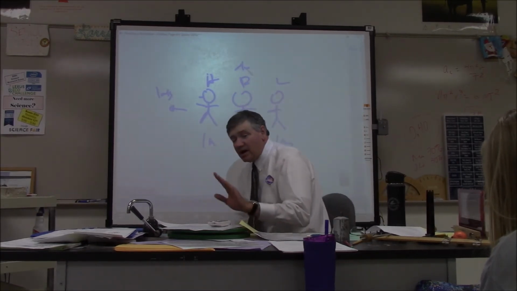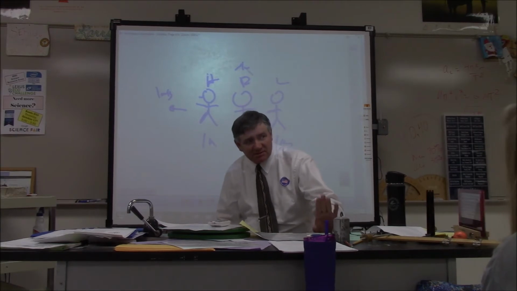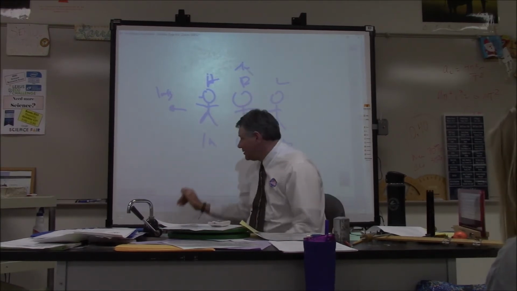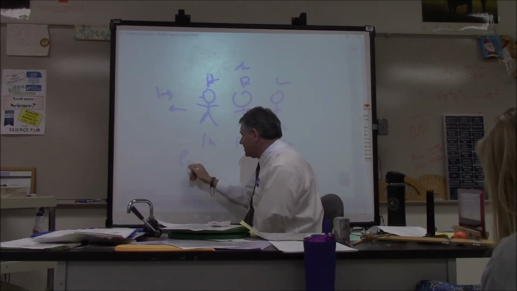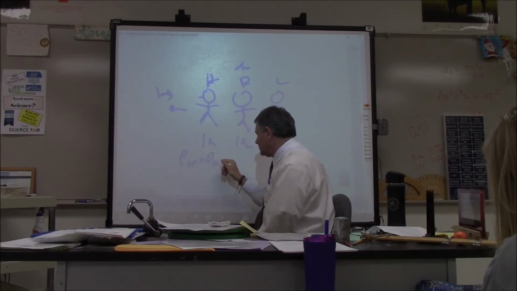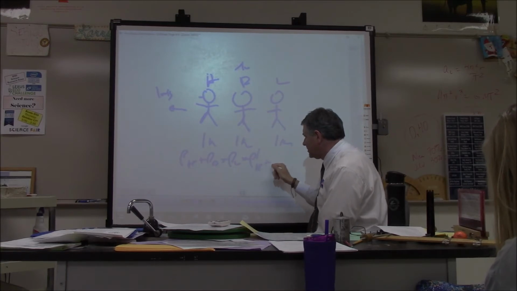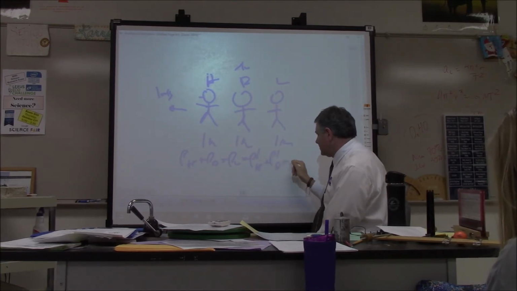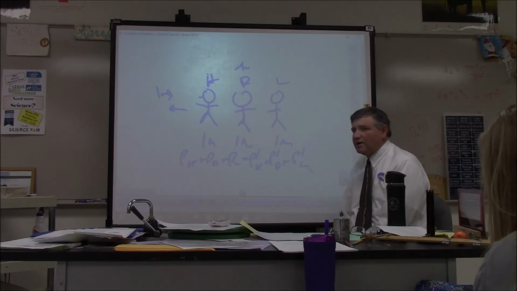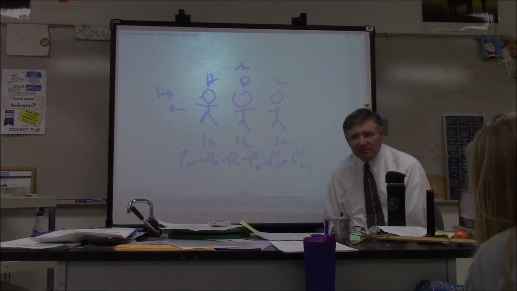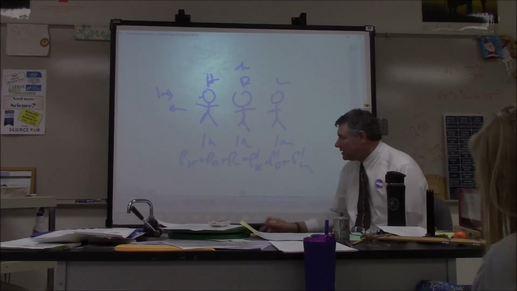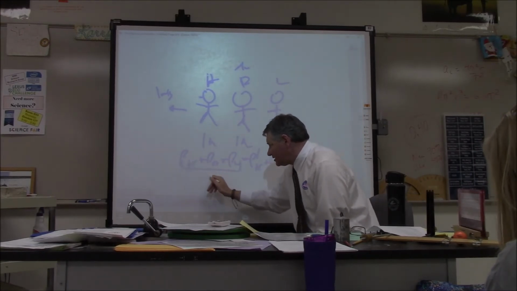Guys, here's the deal. Every one of these problems starts the same way. Momentum of Huey plus the momentum of Dewey plus the momentum of Louie equals the new momentum of Huey plus the new momentum of Dewey plus the new momentum of Louie. Now, this side over here is 0.